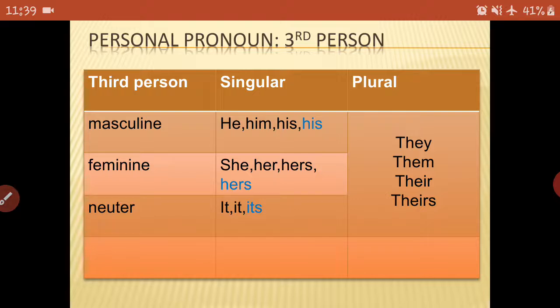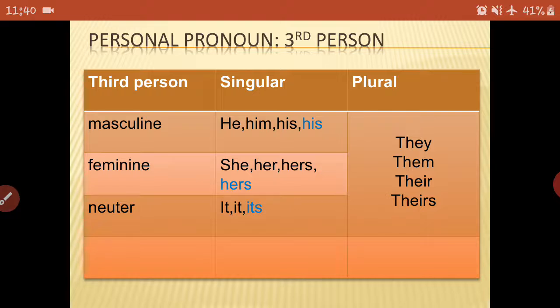Now why have I highlighted this his, hers, its here? Because it is written double time. Why? Because the use of the black color his is different and the use of the blue color his will be different. One his, which is included here in the table, is of personal pronoun and another is of possessive ownership.